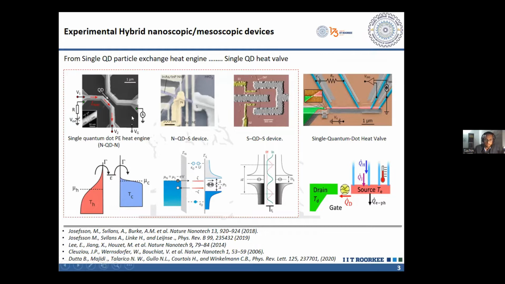We theoretically reproduced the experimental result, and then we extended this study to a superconductor based device. The second one is the NQDS based device, and the third one is the quantum dot based Josephson junction. Instead of an insulating layer between the two superconductors, there is a quantum dot, so we can tune the properties of this device. The last one is a more complex quantum dot based heat valve. So our interest lies in these three devices.